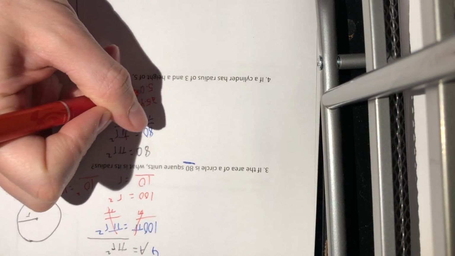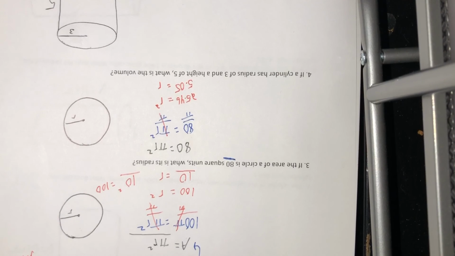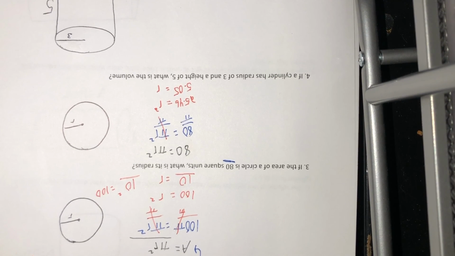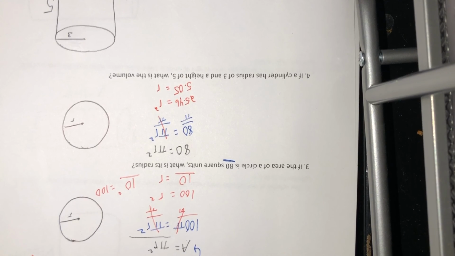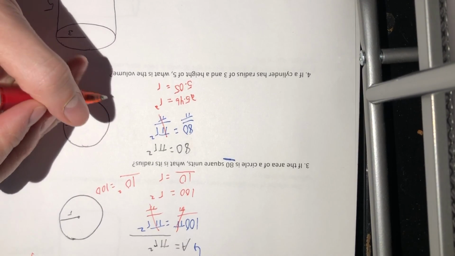So radius is 5.05. All right. So you're going to have to get comfortable using that square root key. It's also on your phone calculator if you need it. But on some calculators, you have to type the number and then the square root.